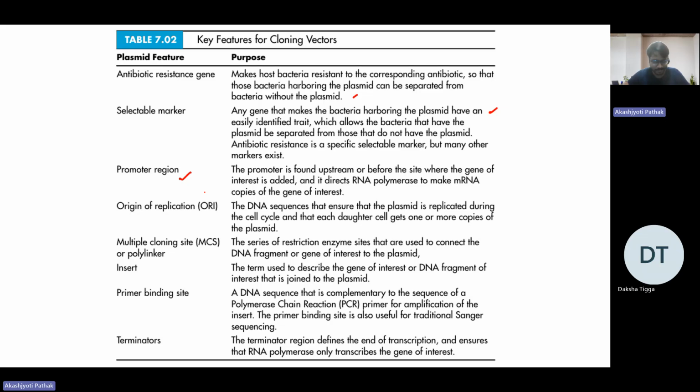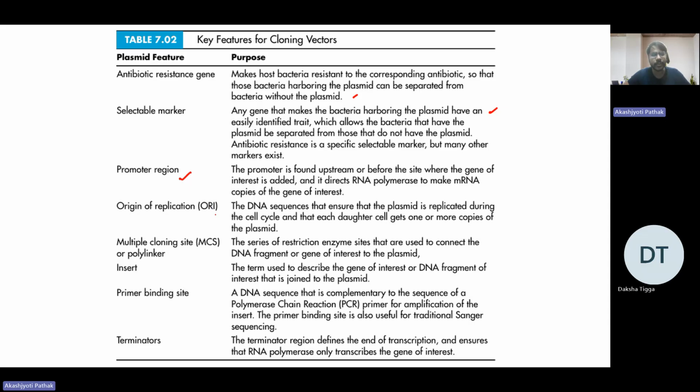Once you have cloned your gene of interest inside the vector, if you want to express the protein from that gene, then you will require the promoter, right? For example, you have T7 RNA polymerase and you have the T7 promoter in your vector. So this T7 RNA polymerase can bind to your T7 promoter and cause transcription of that gene so that your protein can be expressed.